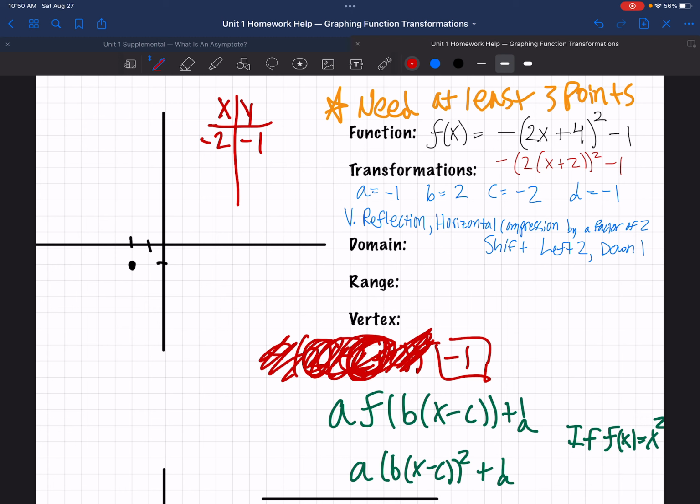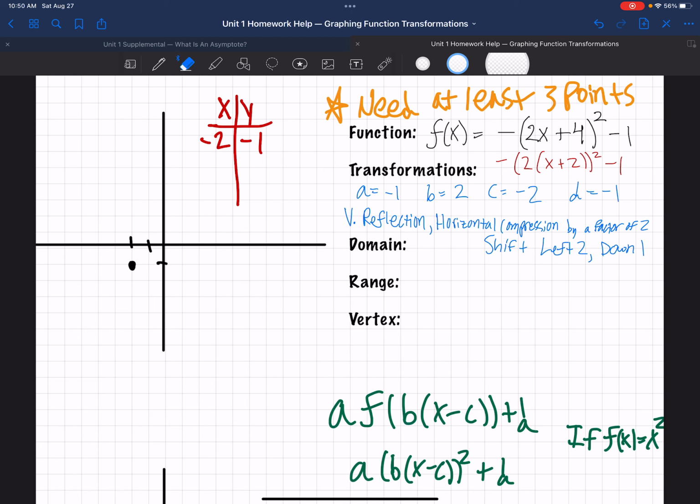Plugging in negative 2 just cancels all that. It all goes to 0, and then the minus 1 is all that remains. But I didn't actually have to do that. I do want another point. And I would just test one point to the left or right of the vertex. You don't need to test any others.